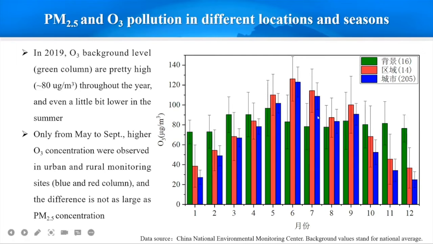These two columns are higher than the background. Otherwise, in the fall and winter season, the rural and urban ozone concentration is lower than the background.